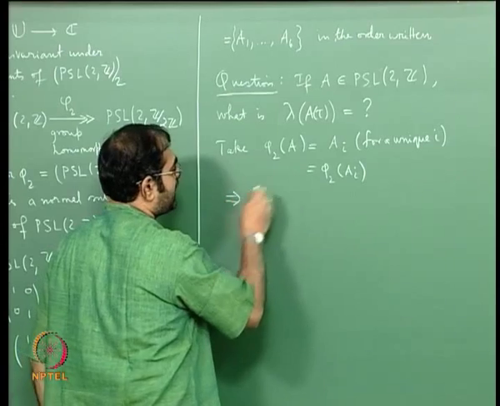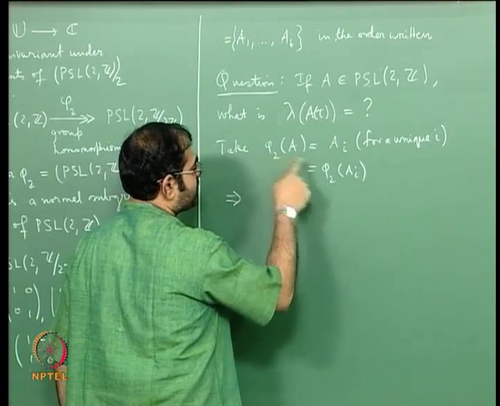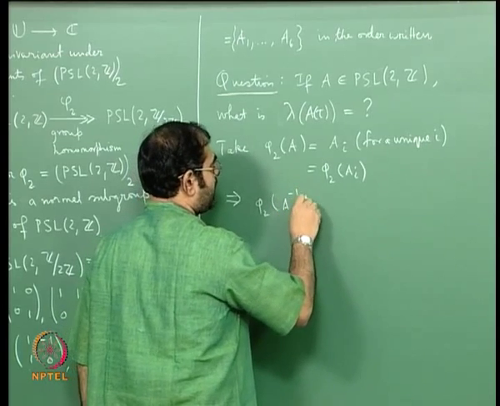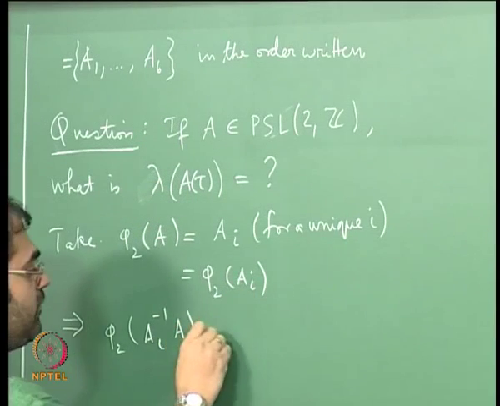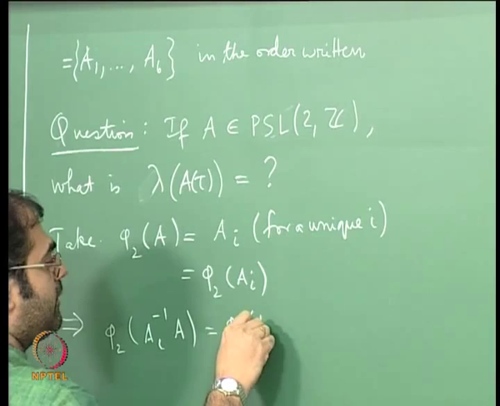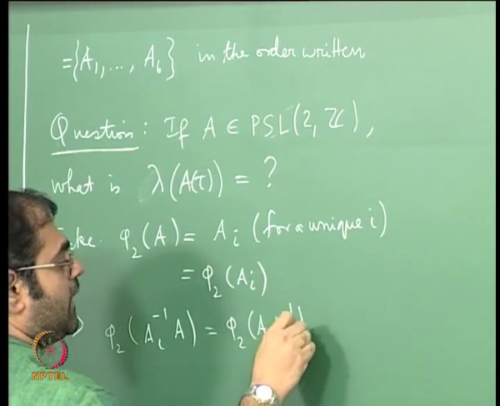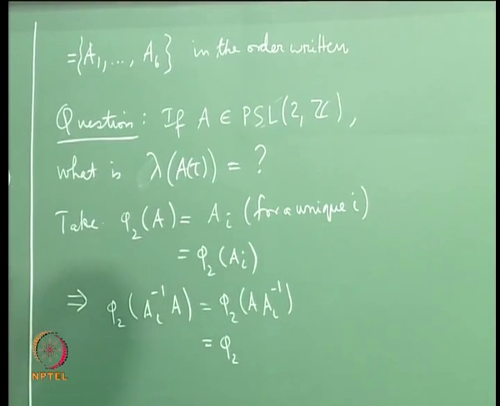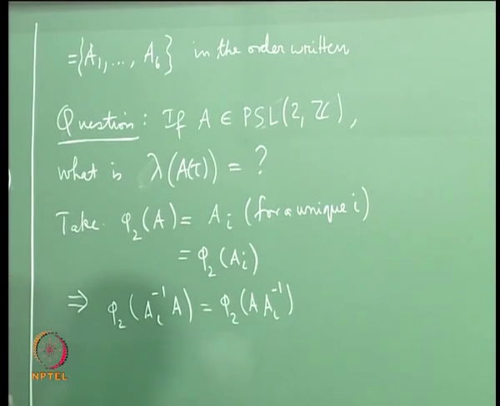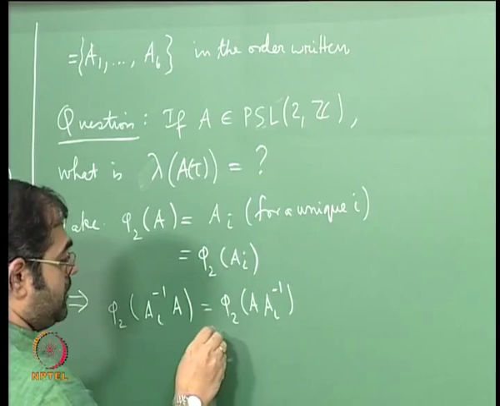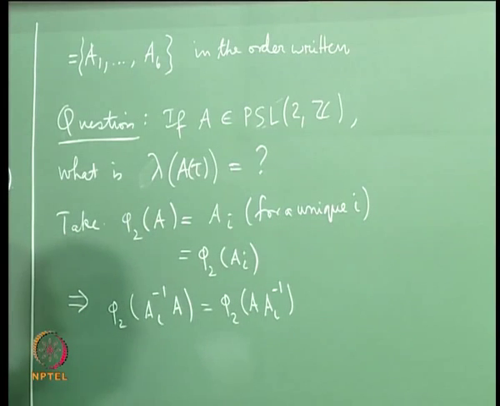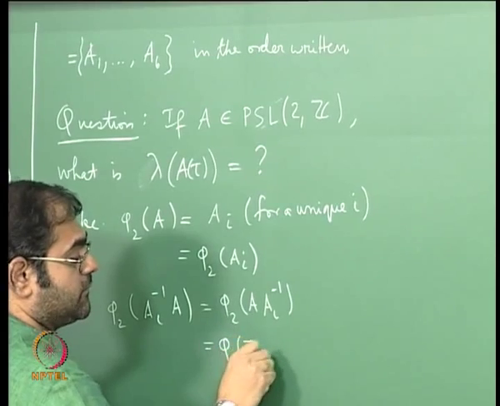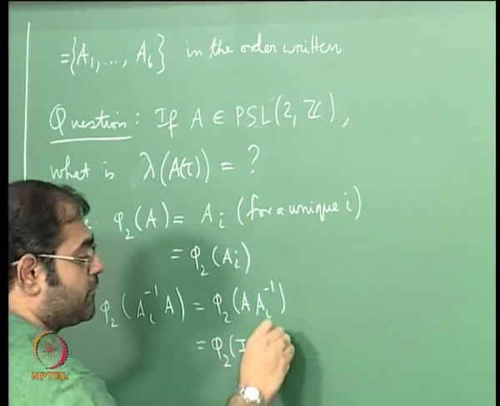This means that these two go to the same element, so phi2 of AI inverse A, which is equal to phi2 of AI inverse, will be phi2 of... because phi2 is a homomorphism, this is equal to phi2 of identity, which is the identity map.